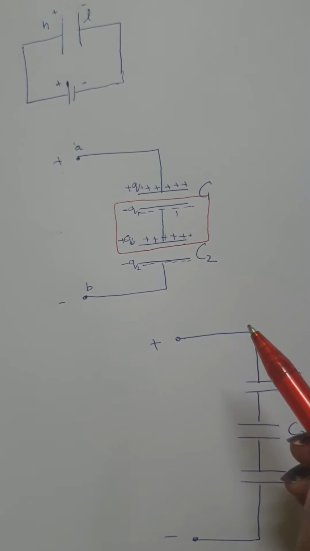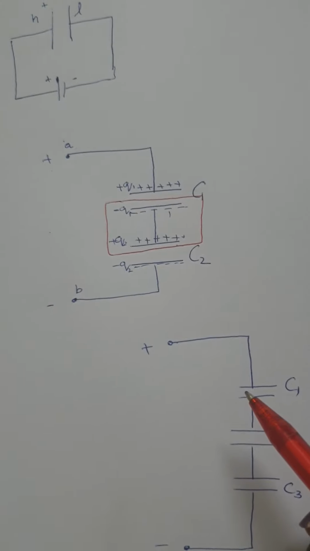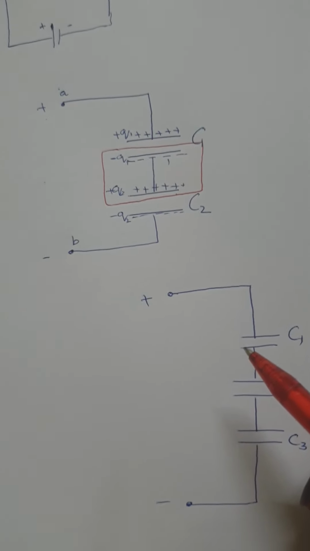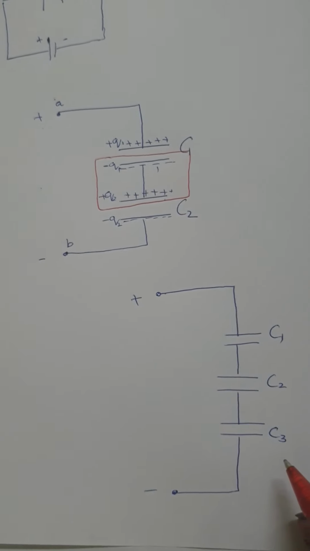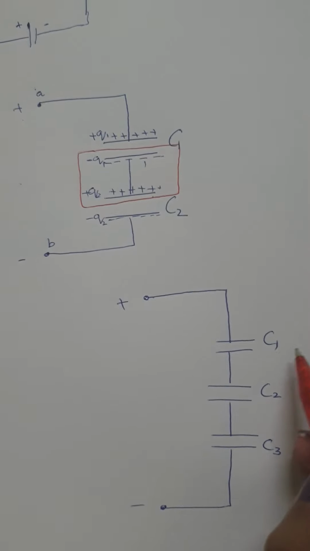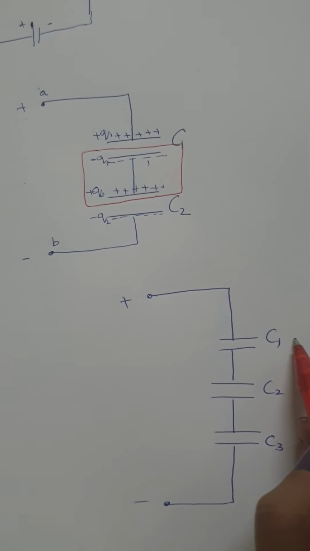Let's again revise the same exercise which we just did for two capacitors. This time let's start from capacitor 3 and work upward to capacitor 1.